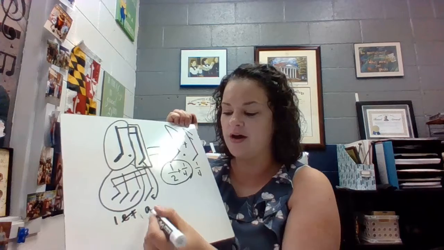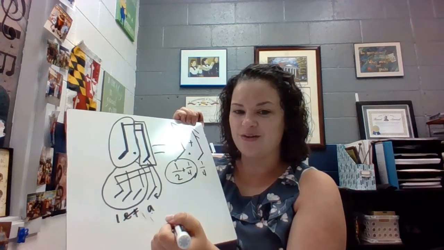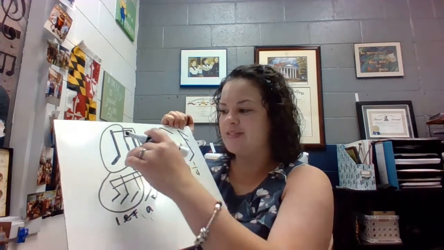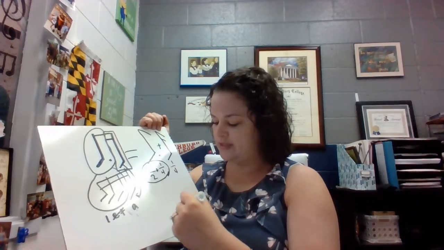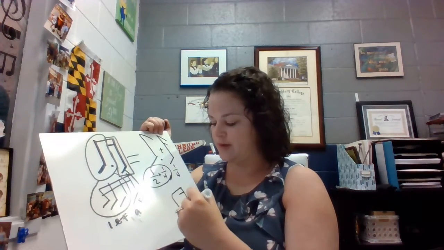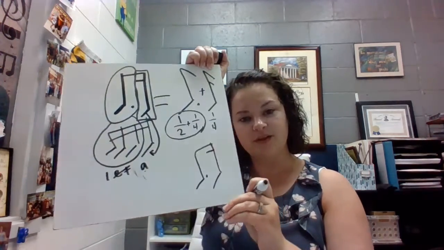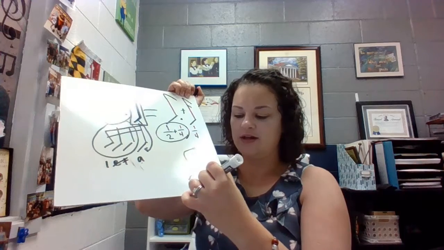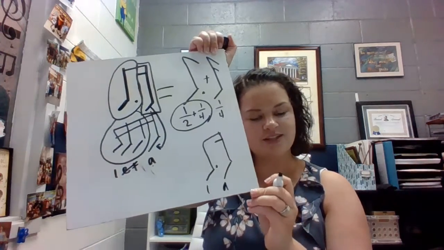So we're just going to go 1 with the last 16th note. So when we see, man, my board's gotten full all of a sudden, when we see this fresh little dotted eighth note followed by a 16th note, we're going to go 1 a, just like that.